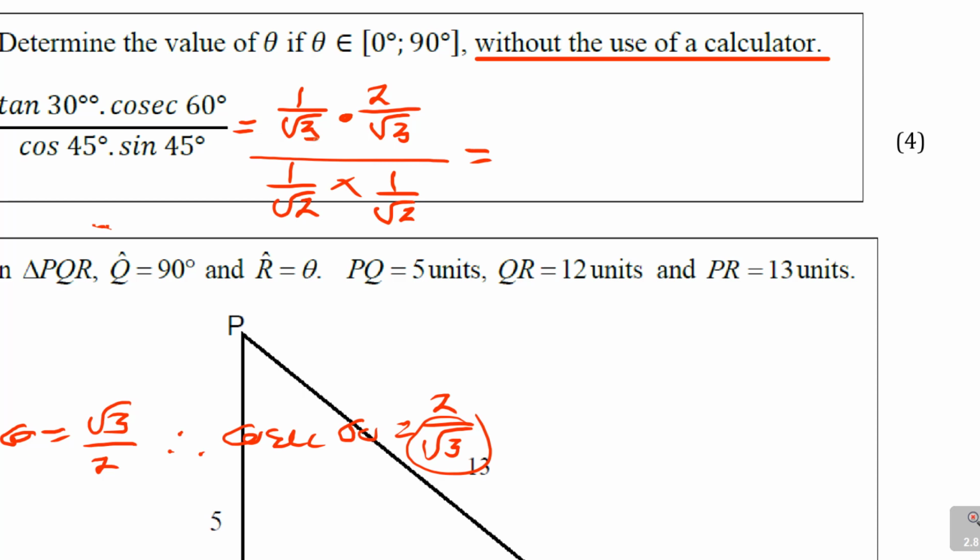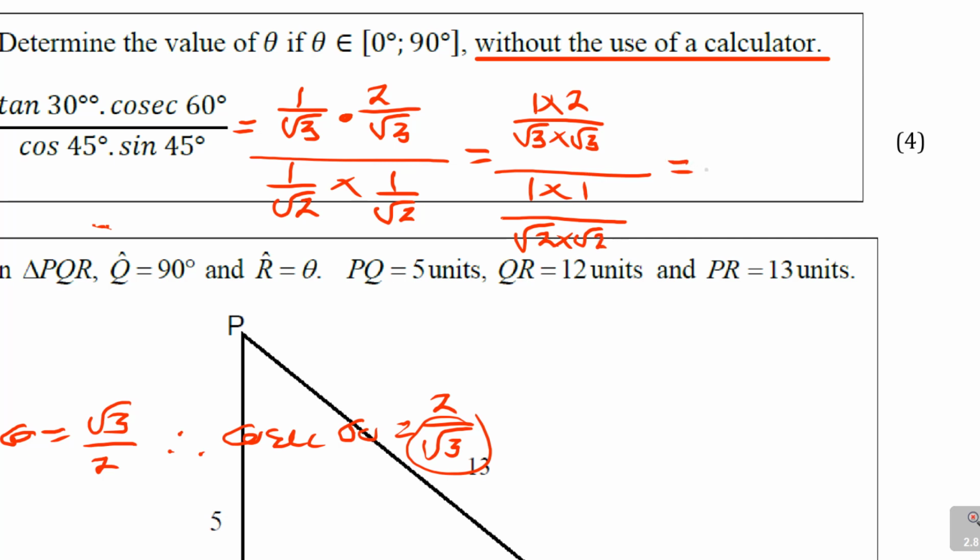Then when you simplify this, remember here, the top one, when you're multiplying, it's 1 times 2. It's same as saying 1 times 2 over, at the bottom, root 3 times root 3. Seeing that? All over, at the bottom again, 1 times 1 over root 2 times root 2.